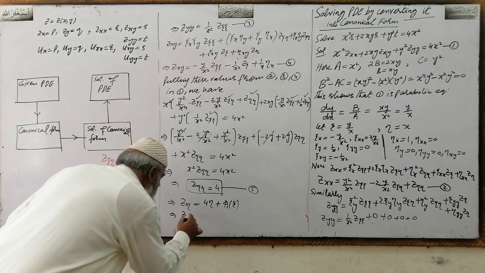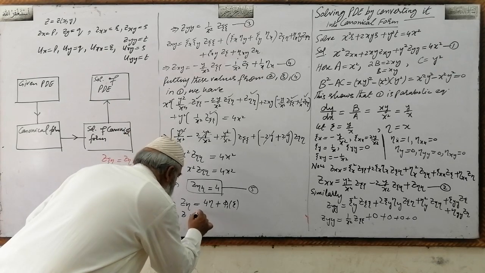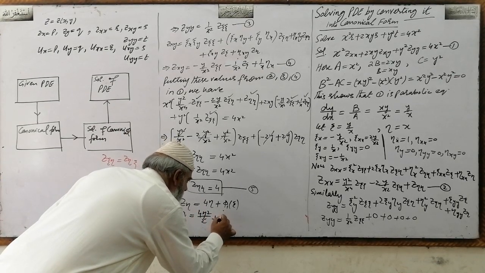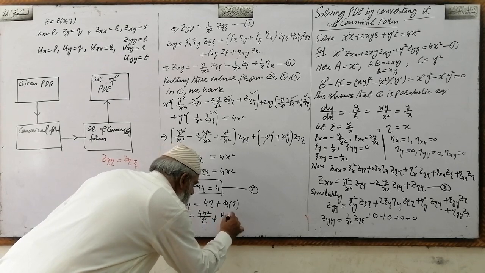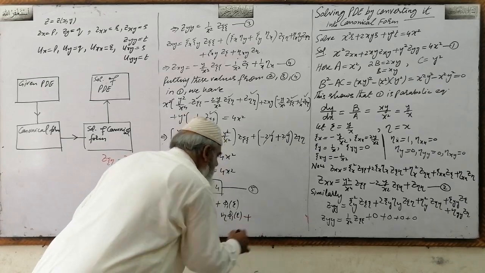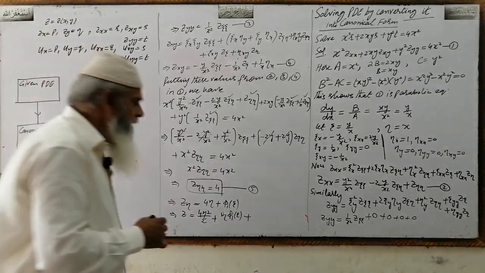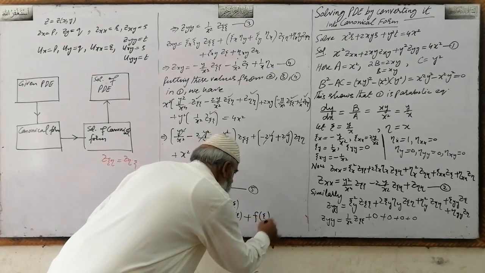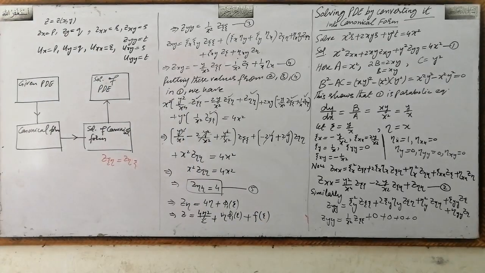We will have z is equal to 4 eta square over 2, and obviously here we will have eta phi of xi, and once again we will have another function of xi.